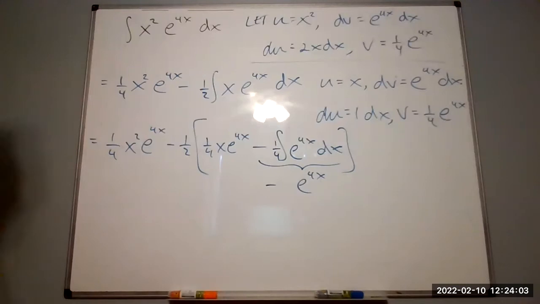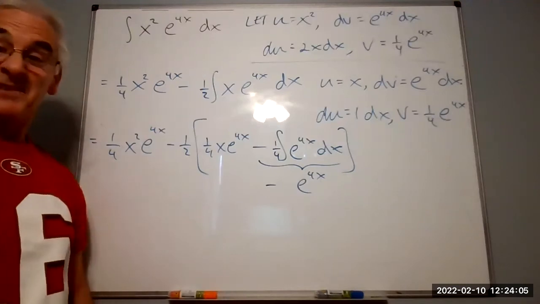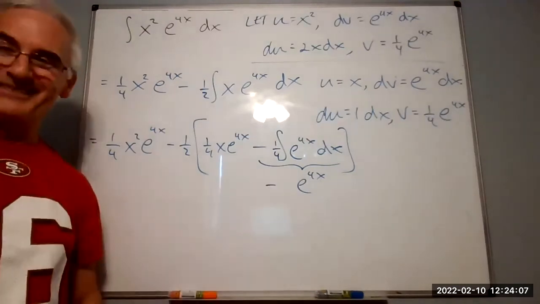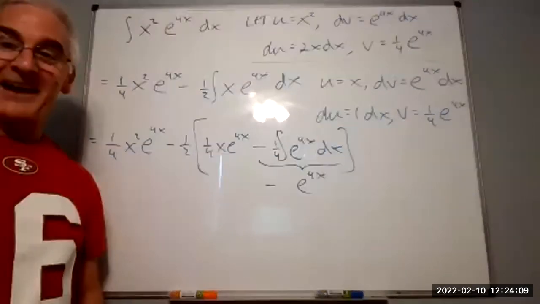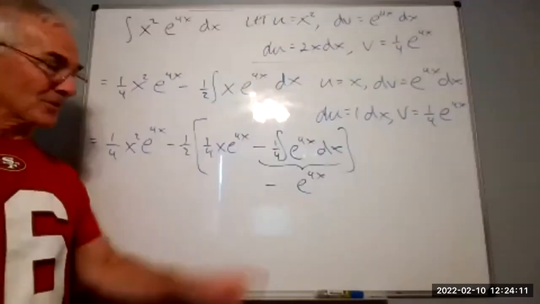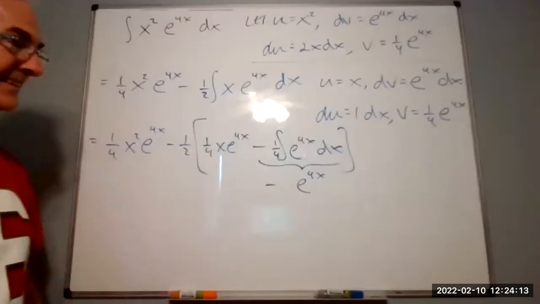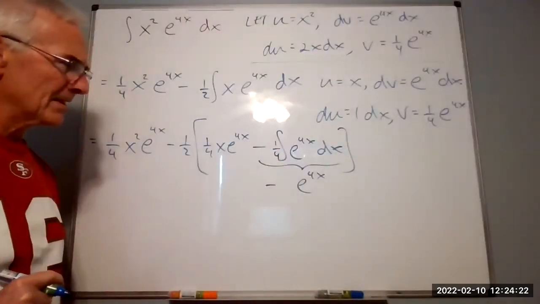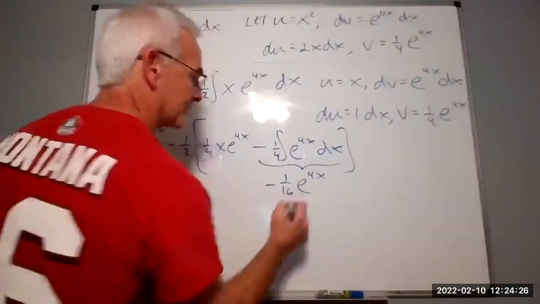I'll give you a hint. Even if I didn't know the antiderivative of e to the x, I know what goes there. I can have a function I can't integrate, and I know what goes there. What goes here? Everybody. 1/4. So the coefficient's the same? Oh, 1/16. How about 1/16? Yeah, 4th times a 4th.